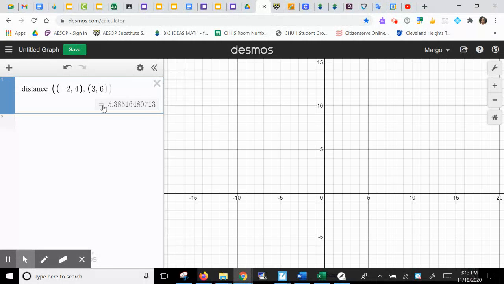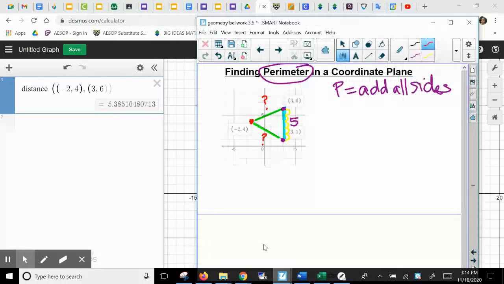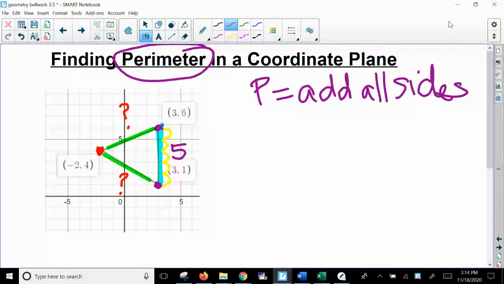And then Desmos gives me the distance right here, 5.38, all that jazz. So I'm going to round it to the nearest tenth. So I'm going to round that to 5.4. So this length right here is 5.4. Let me write that in. So this length is 5.4.